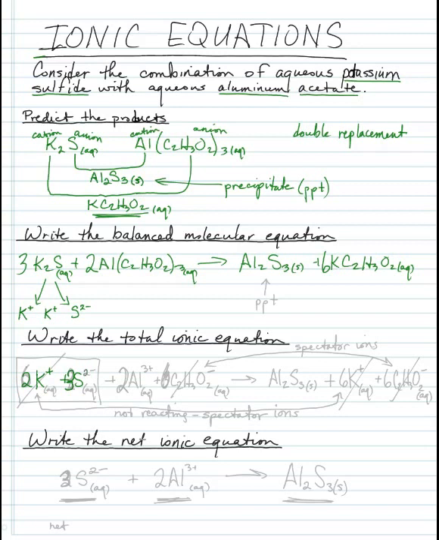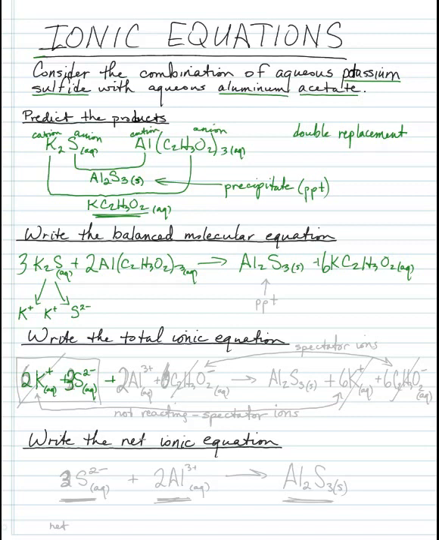Then our sulfide ion goes off separately as well. So this is what we write in the ionic equation to show this is really what we have in solution. We don't really have K2S's floating around. We have individual K pluses and individual S2 minuses floating around in solution. Now the same thing is true of the aluminum acetate.